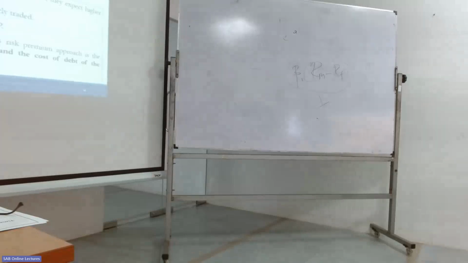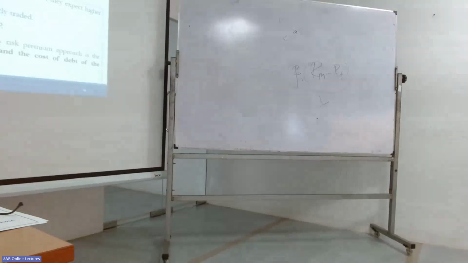Fine. So the next one is, now I think we discussed cost of component capital calculation. So you learned how to determine cost of debt, when it is a bank loan, when it is a bond, like this. And also the cost of preference shares, if it is redeemable and unredeemable.